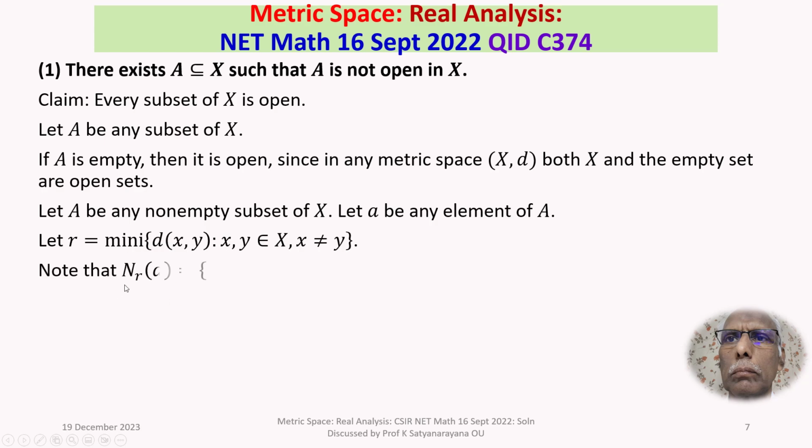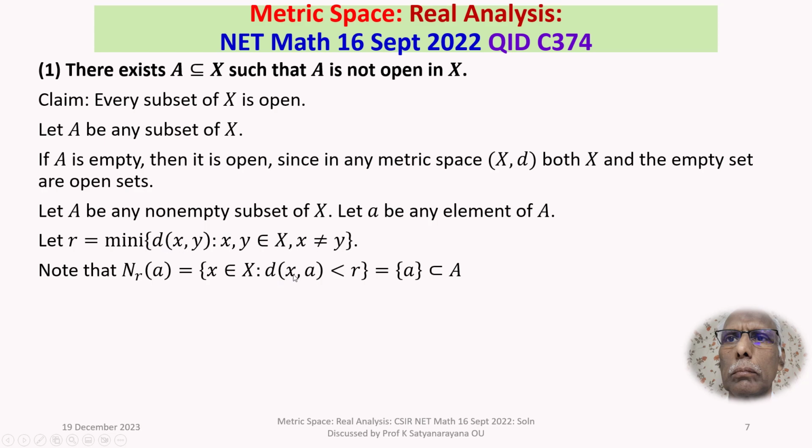Now the neighborhood with center a and the radius r is equal to the set of all x belonging to X such that the distance between x and a is less than r. If you take an element x distinct from a, then the distance between x and a must be greater than or equal to r, because r is the minimum distance.